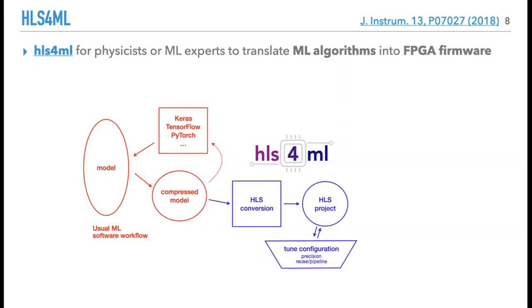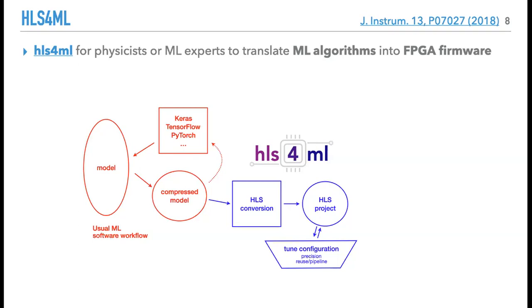Then the HLS for ML library automatically converts a model specified in some serialized format, it could be JSON or H5 format of one of these libraries, into an HLS project using templates for the basic building blocks and putting them in the right order.